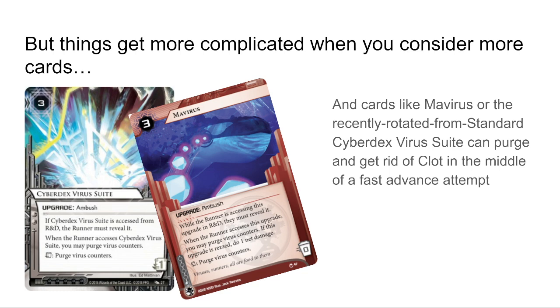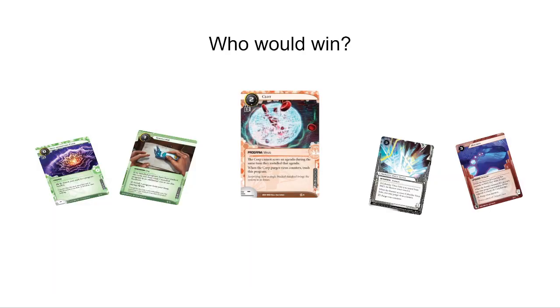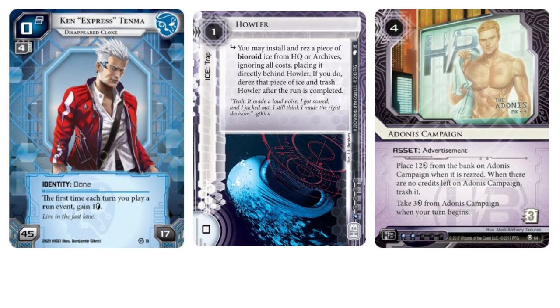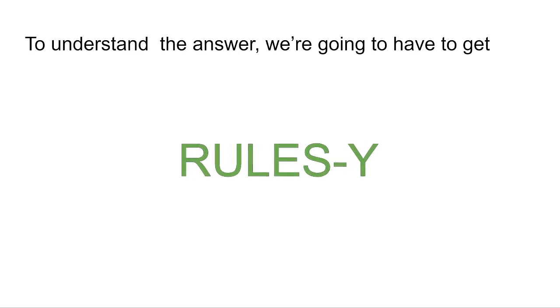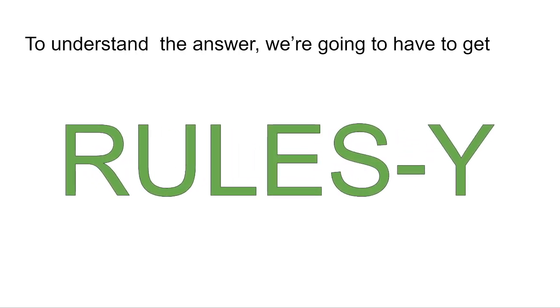Now, this leads to some tricky rule stuff because if you have Self-Modifying Code and Simulchip and these different ways to install Clot at so-called instant speed, but you also have these instant speed ways to get rid of Clot, who would win? Is it whoever's faster? Louder? Is it whoever's bolder? No. To understand the answer, though, we're going to have to get rulesy.